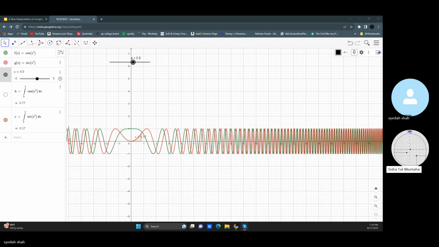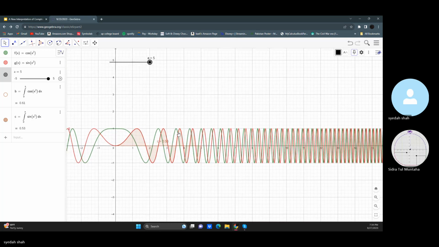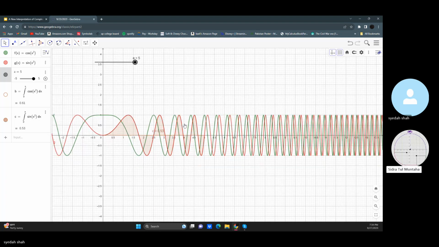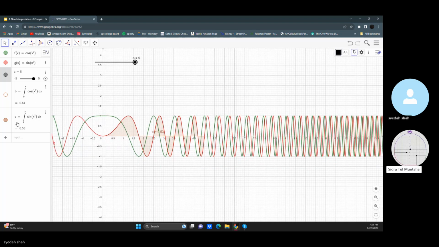Yes, so now you can see the area under the curve, and that curve is sine of x squared. Now you can see that it is from 0 to 5, and the area which is being shown here is under the sine curve.